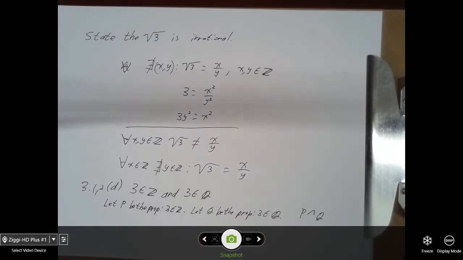3.2. So we started looking at some of these proofs the other day. Any particular questions from 3.2? So there was one question which was constructing truth tables.